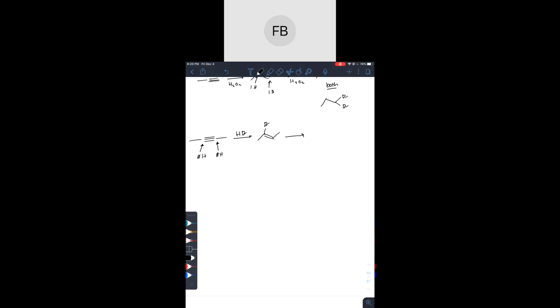Now let's do it one more time. In this first round, it could have gone to either side, but in this round, it is going to prefer to go to a certain place because this one has 1 hydrogen and this one has 0 hydrogens. So hydrogen is going to go to the place with the most hydrogens.